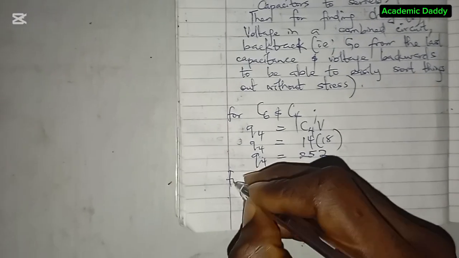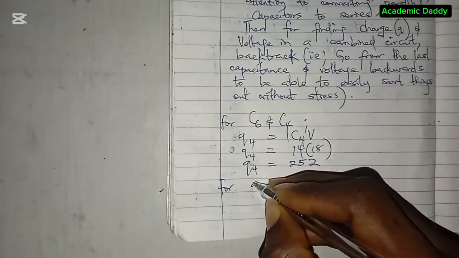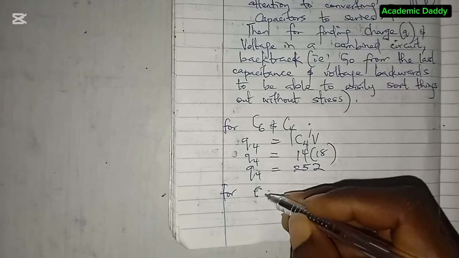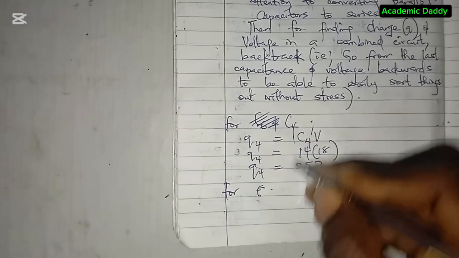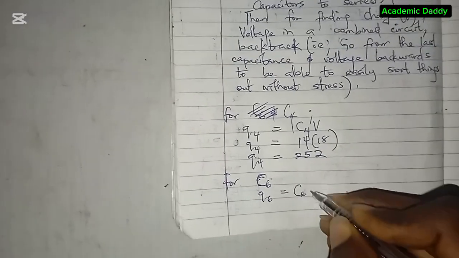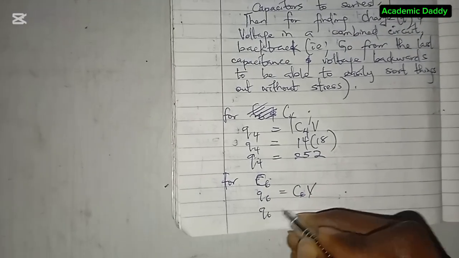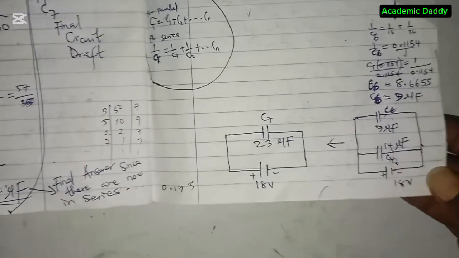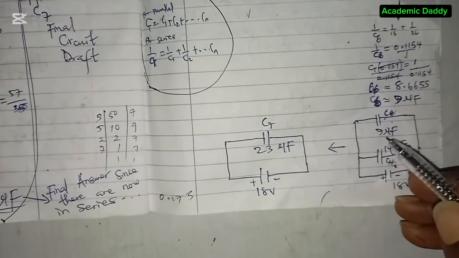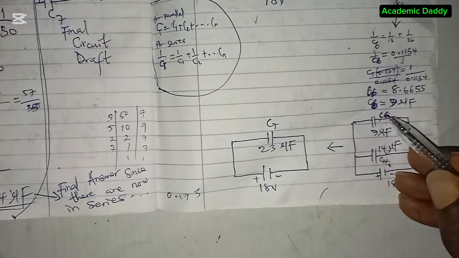So this one is for C4. Now for C6, Q6 will be equal to C6V. So Q6 will be equal to 9 times 18.